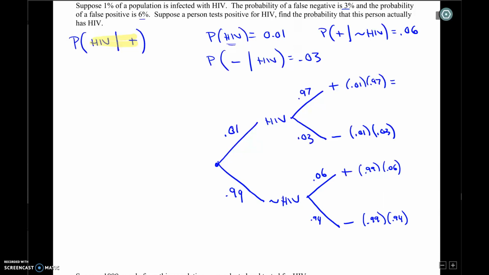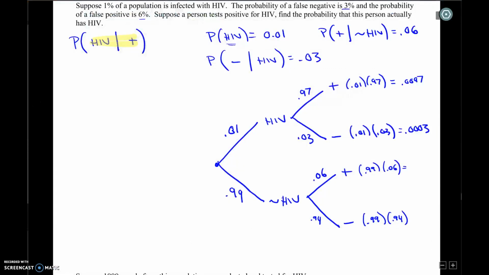I think I can do this one in my head here. Is that move the decimal over 2? So that's 0.0097. This is 0.0003. This is, I can't do it.